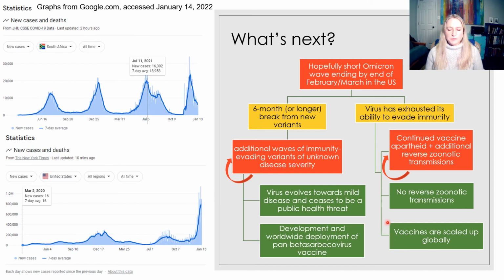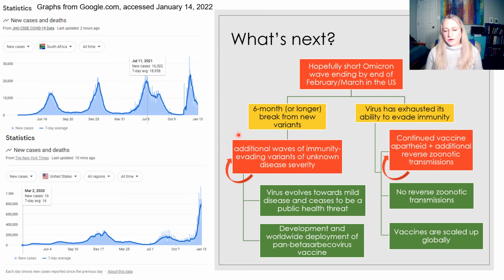So that's one possible branch and some possible outcomes. And then another possible branch would be that we might see a 6-month or maybe longer break from new variants. But if the virus hasn't exhausted its ability to evade immunity, we might see new variants emerging and additional waves coming from these immunity-evading variants.